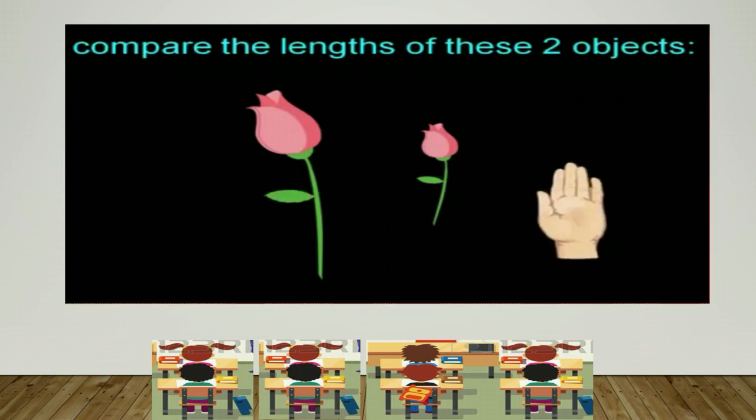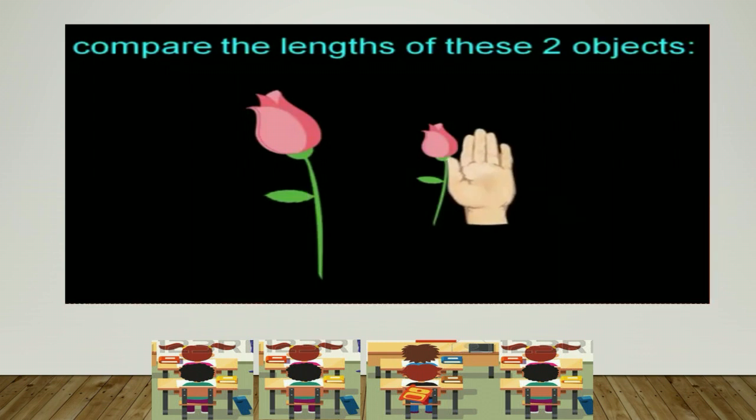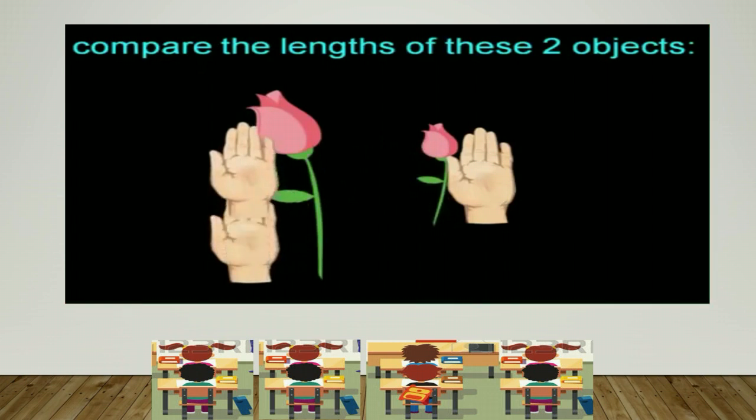So we can see that the smaller flower is about the same length as the length of a hand, while the bigger flower is about 2 hands put together. That tells us that the bigger flower is about the same length as 2 of the smaller flowers put together. In other words, we could say that the bigger flower is about twice as long as the smaller flower.